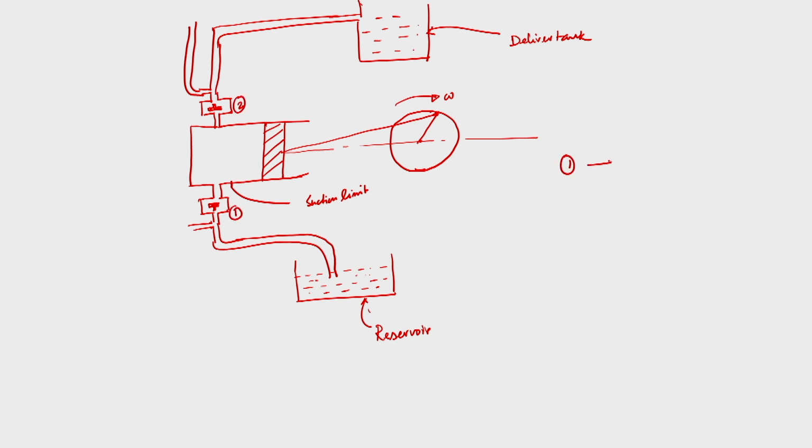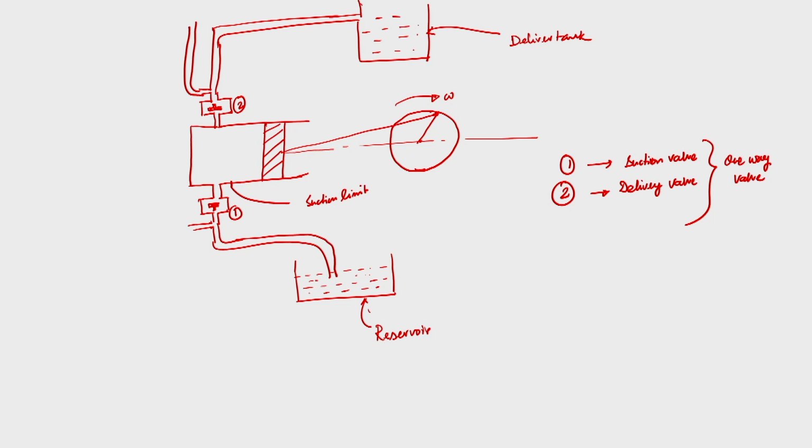So, 1 is the suction valve, number 2 is the delivery valve. Both the valves are one way valves, and this is the piston which is rotating at an angular velocity.